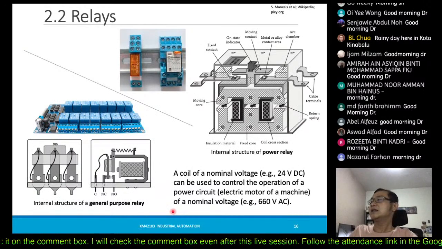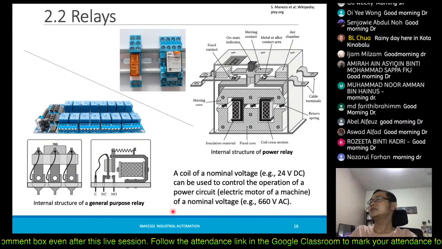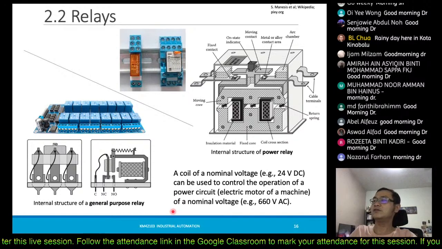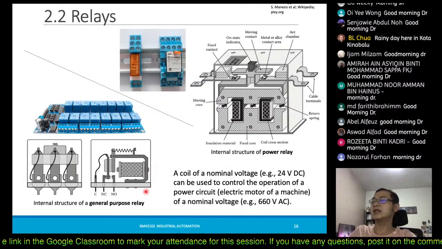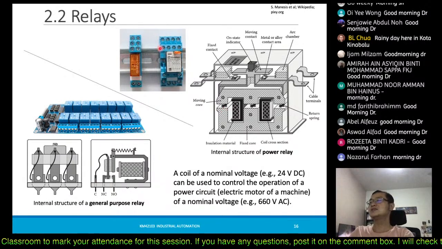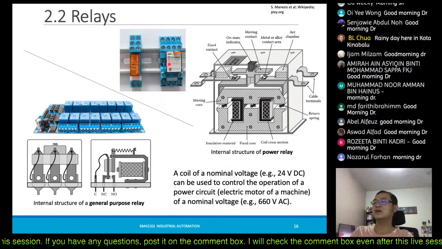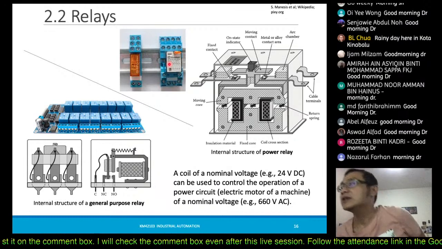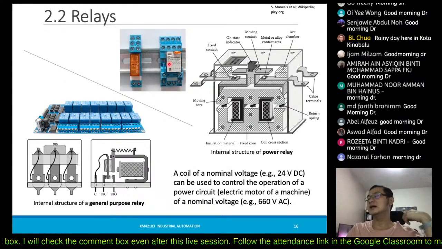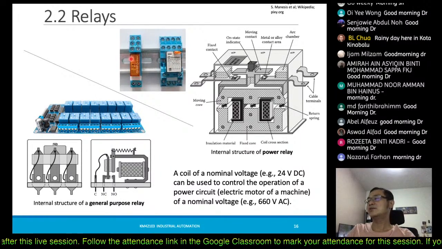Here are the figures or the constructions of a power relay and a general purpose relay. The power relays, as you can see, are commonly available in most process plants, where they are stacked or arranged together.